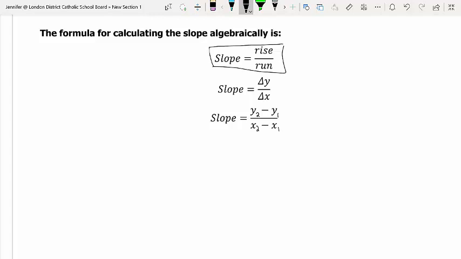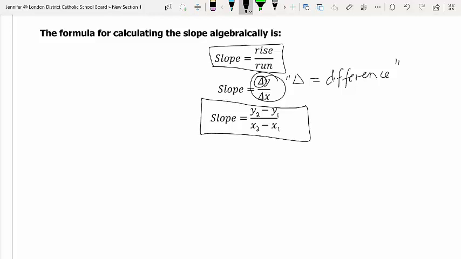The mathematical symbol to represent the word difference is this triangle. So all this means is the difference in the y values divided by the difference in the x values. We can further write this equation for calculating slope like this: y2 minus y1 divided by x2 minus x1.